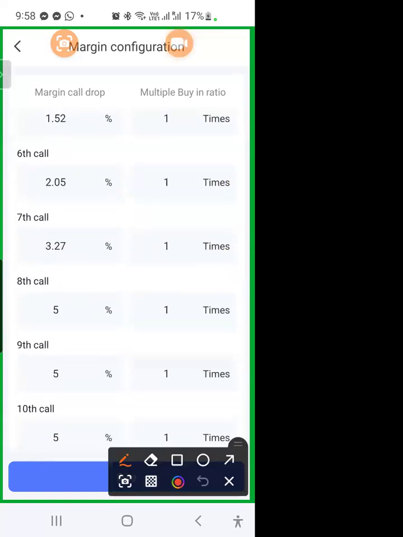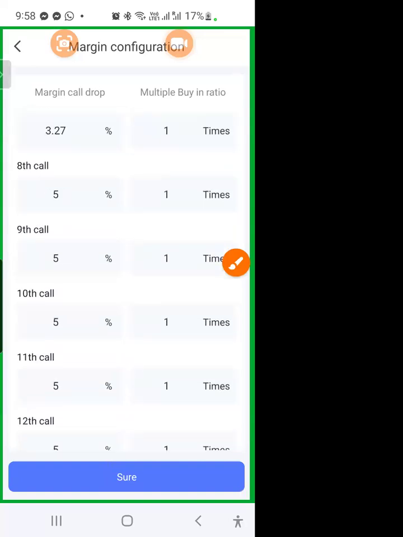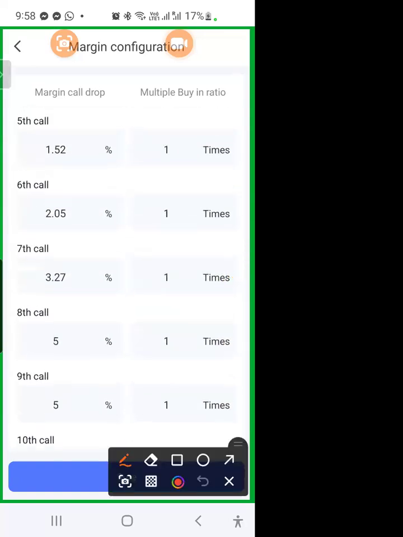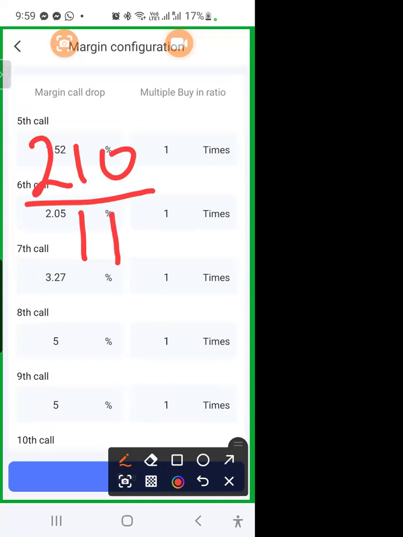If they are 13, meaning down here, they are remaining with 11. These 11 remaining, we're having 210. If they are 210, they are remaining with 11, meaning therefore each one must now take $19.